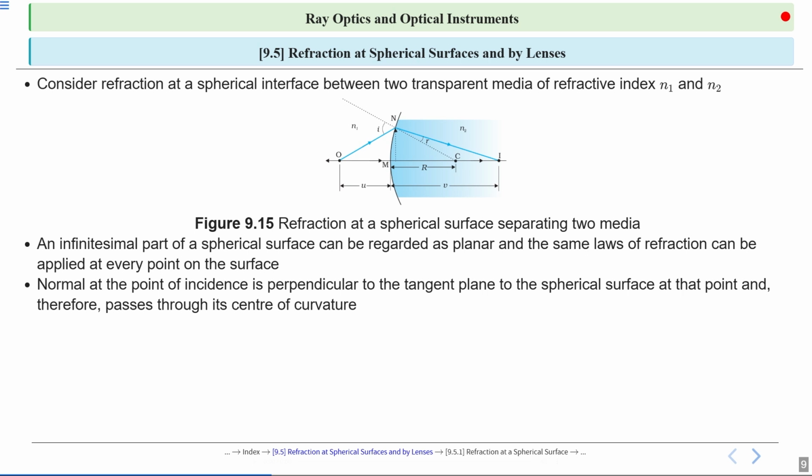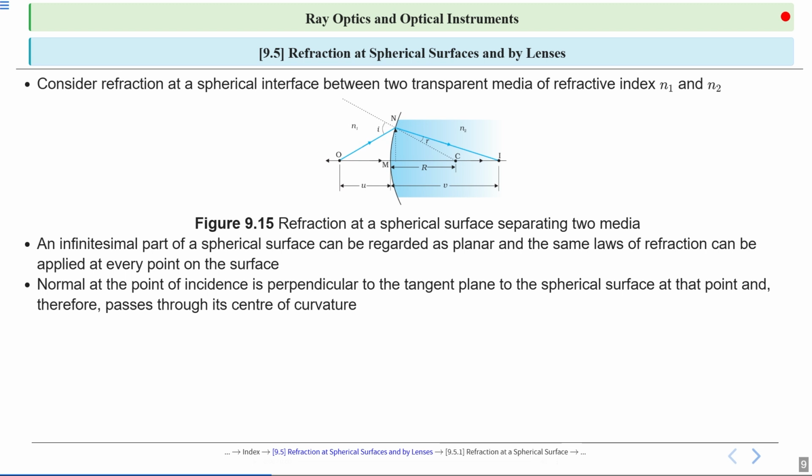If we extend this and make a sphere, this is the center of that sphere, and the distance from this point M, the midpoint of the spherical surface, to C is the radius of curvature. That's how we draw the normal at any point on the spherical surface.